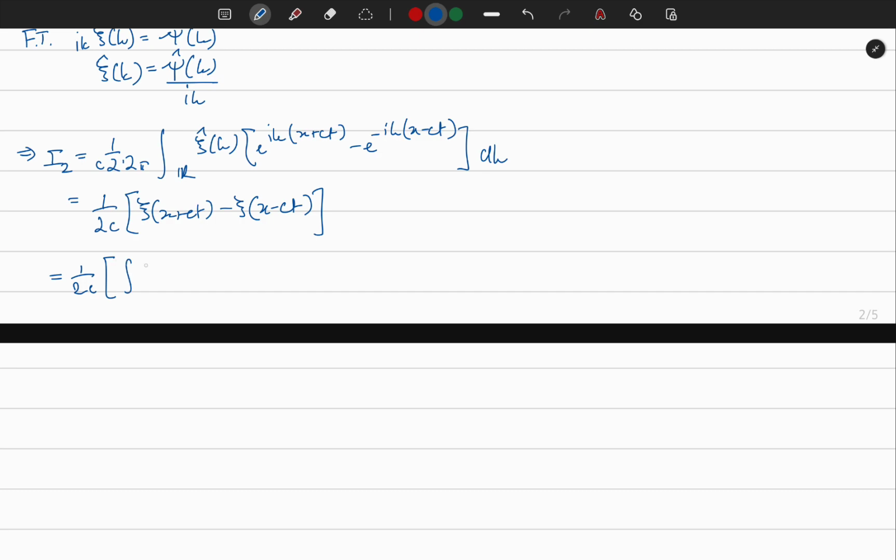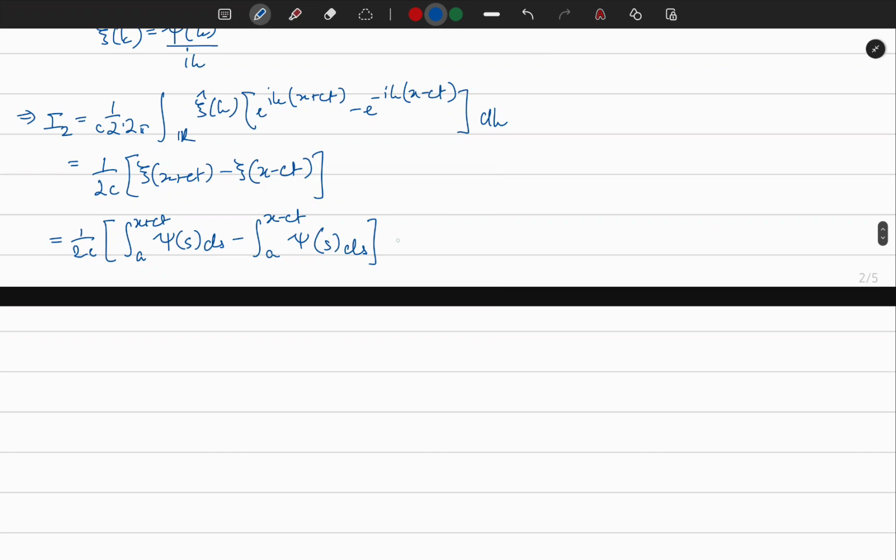This is really the integral from a to x plus ct of psi of s ds minus the integral from a to x minus ct of psi of s ds. But the second integral can be rewritten if we flip the bounds by simply introducing another negative.